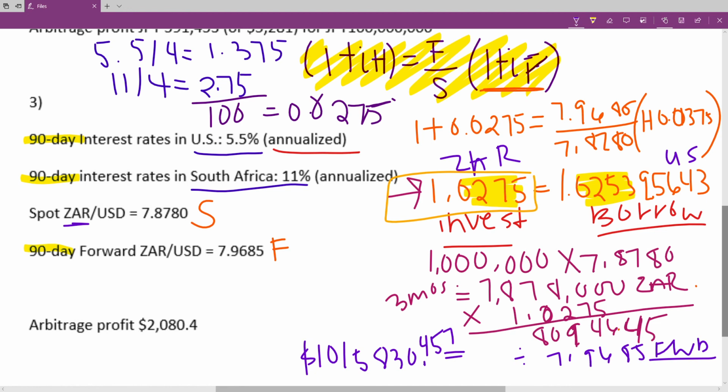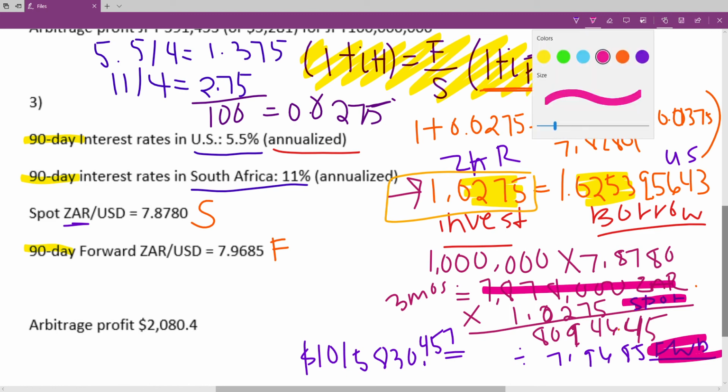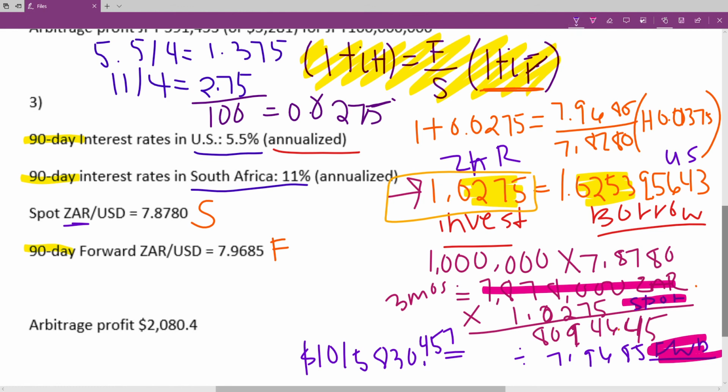So now we've completed our spot and our forward. We've converted our currency to ZAR. Okay, so now we're on the right track. Now that we have our US dollar amount, we have to calculate how much it cost us to borrow the $1 million.